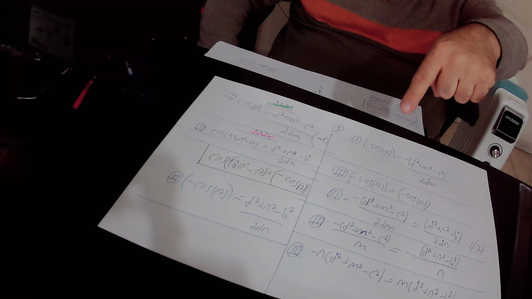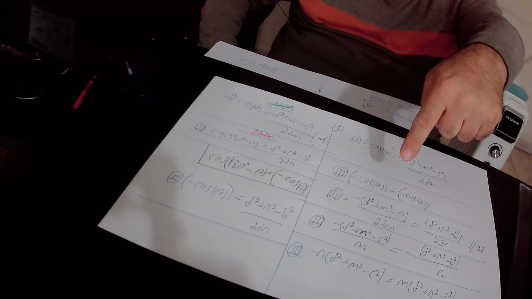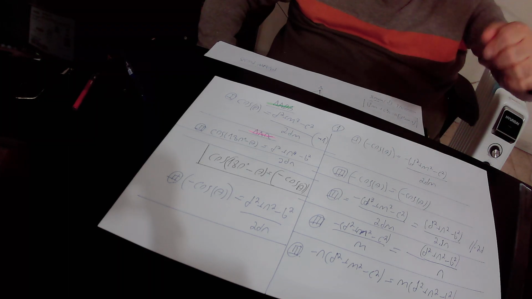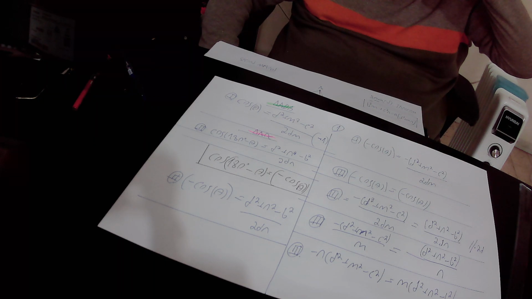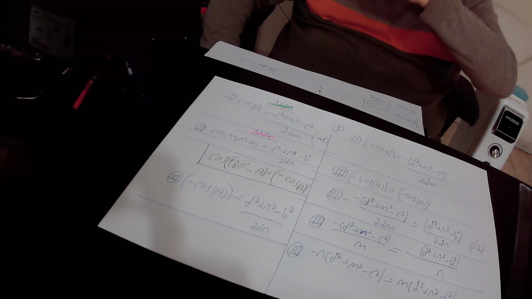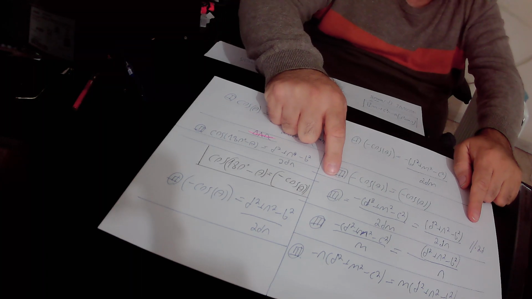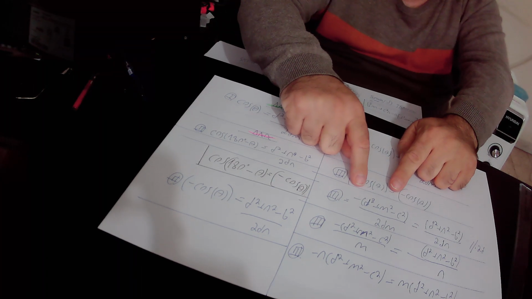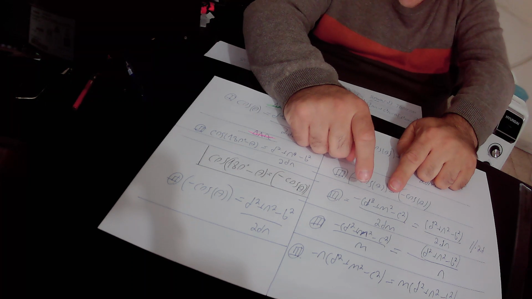Minus cosine theta according to equation number 1 equals d squared plus m squared minus c squared over 2 times d times m. And it must be equal to minus cosine theta according to equation number 2, and minus cosine theta according to equation number 2 equals d squared plus n squared minus b squared over 2 times d times n. Then we multiply this equation number 3 by 2d. So on this side of equation number 3 we have 2d over 2d is 1, so 2d will get cancelled.